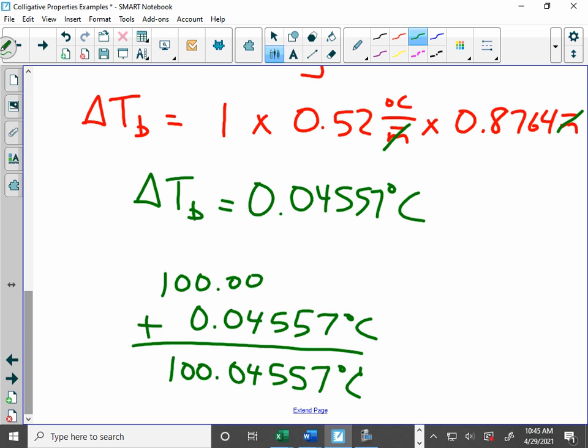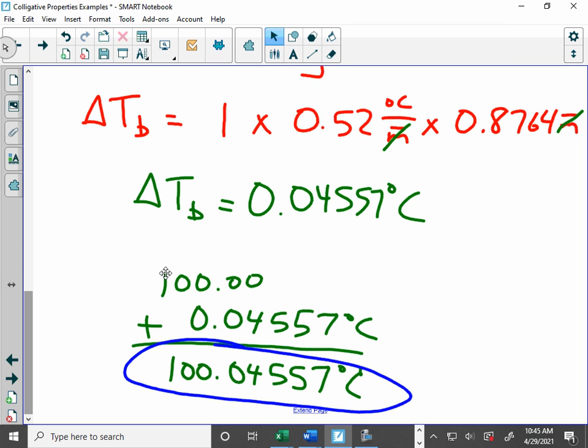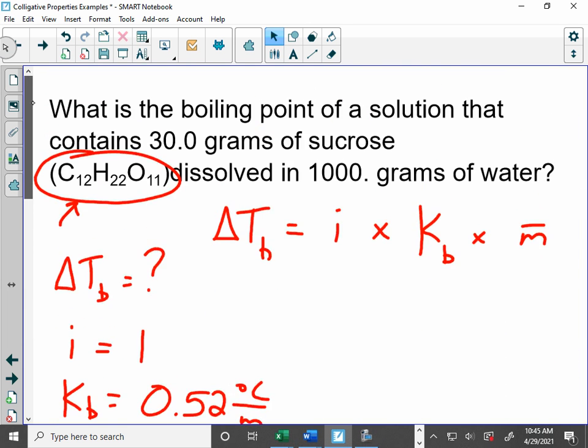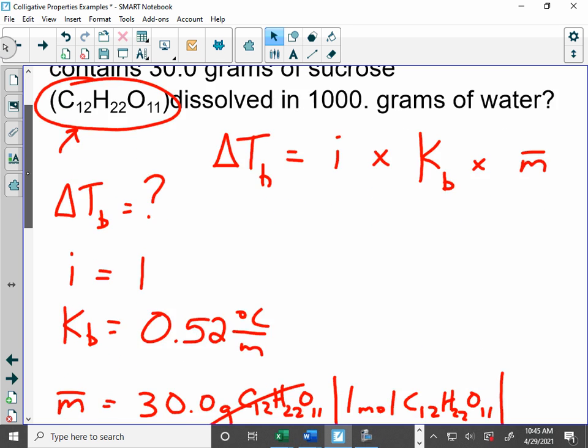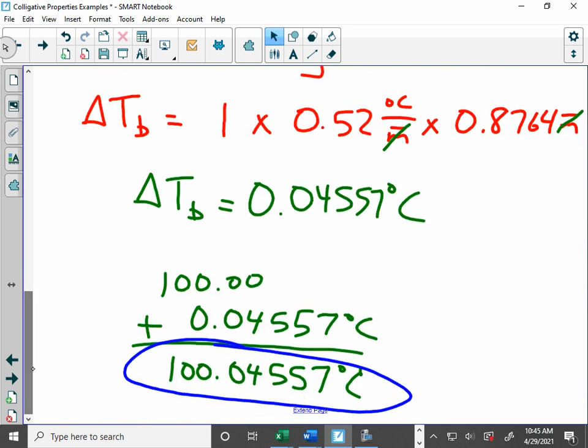That, ladies and gentlemen, is my new boiling point. Now notice I didn't sig fig this, because if I go back to my original problem, my sig figs would be 3 sig figs. So if I 3 sig fig this, it's still going to be 100, and it's going to look like I didn't raise it.